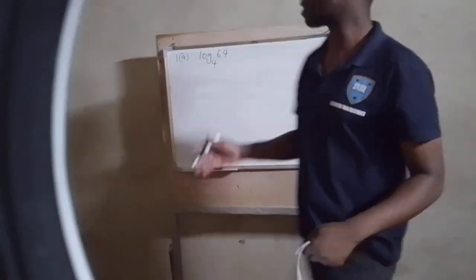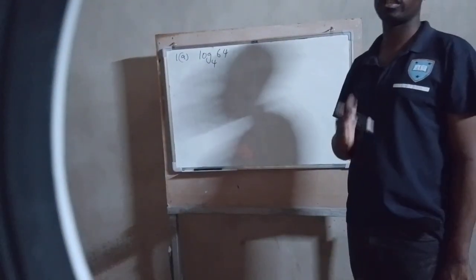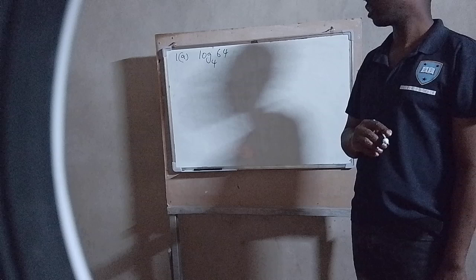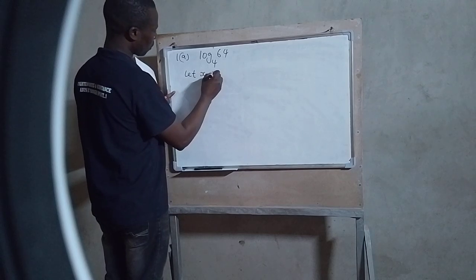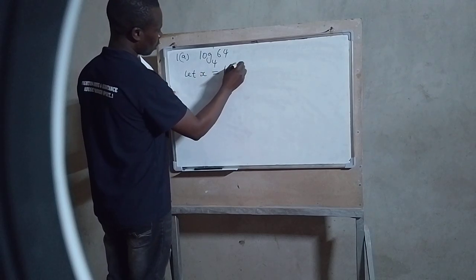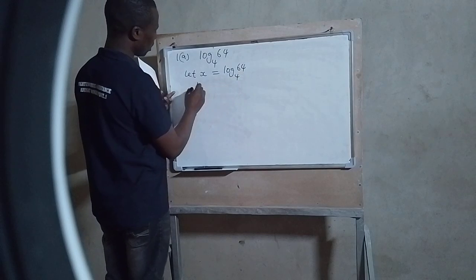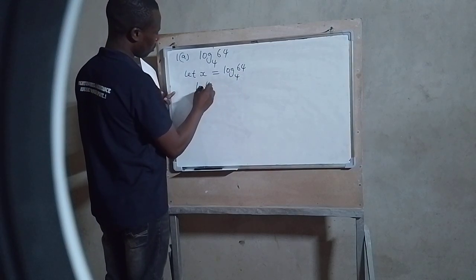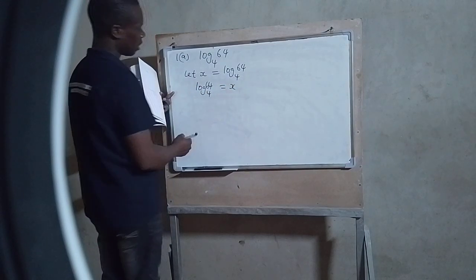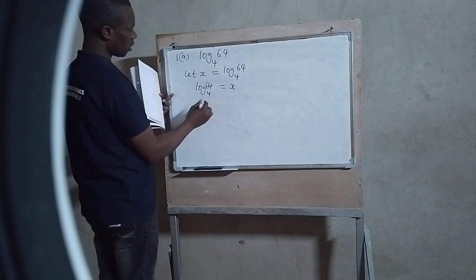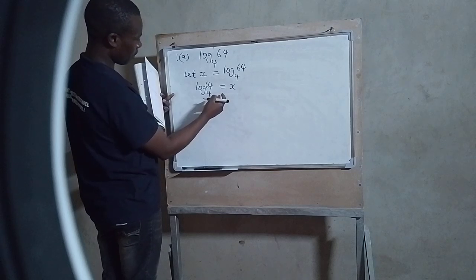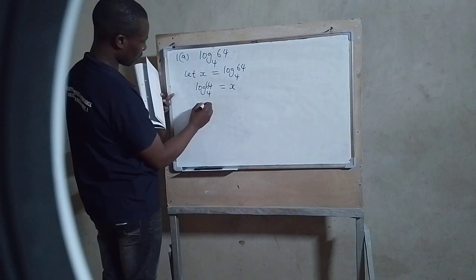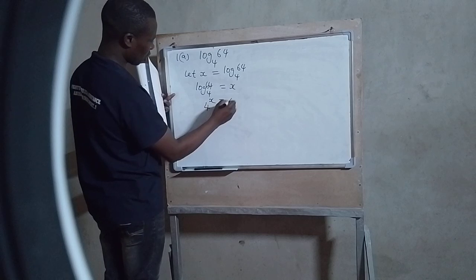Now, when tackling this type of question, we use what we call the laws of logarithms. We now say let x be equal to log 64 base 4. So log 64 base 4 is equal to x. Then from this, this becomes 4 to the power x is equal to 64.